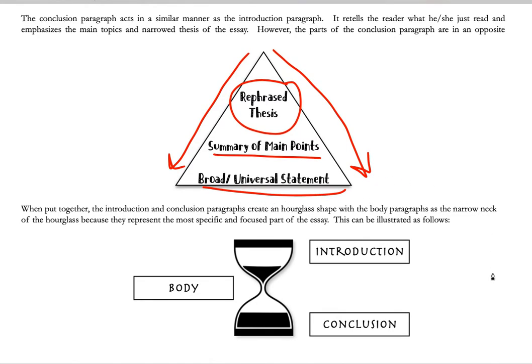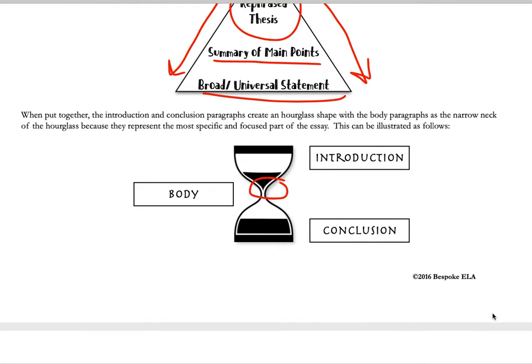So when put together, the introduction and conclusion paragraphs create an hourglass shape with the body paragraphs as the narrow neck of the hourglass because they represent the most specific and focused part of the essay. This can be illustrated as follows. We have our big intro here, our narrow body paragraphs very focused on our thesis, and then the widening scope of our conclusion down here.